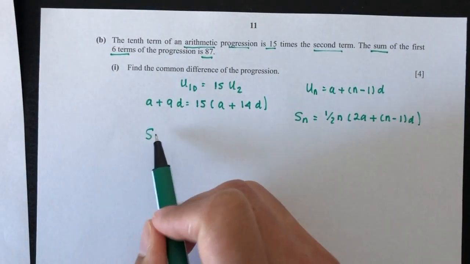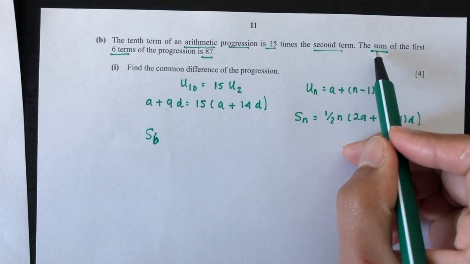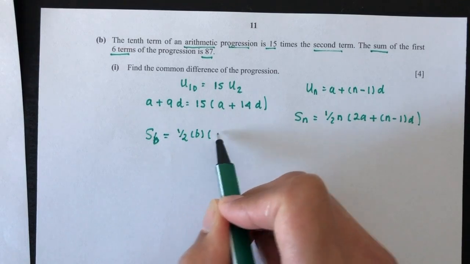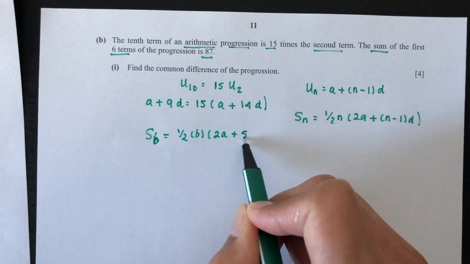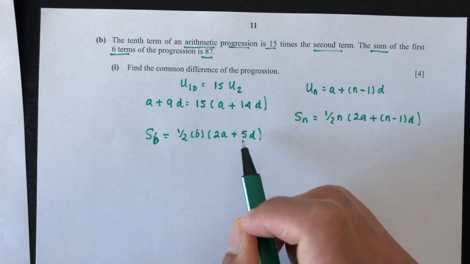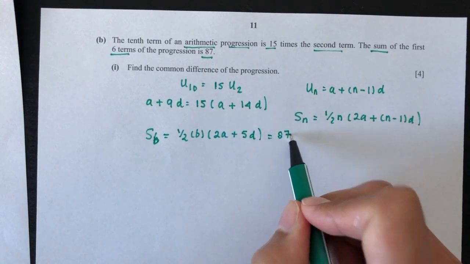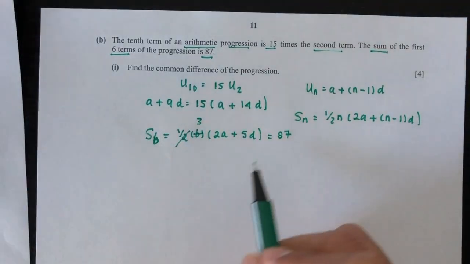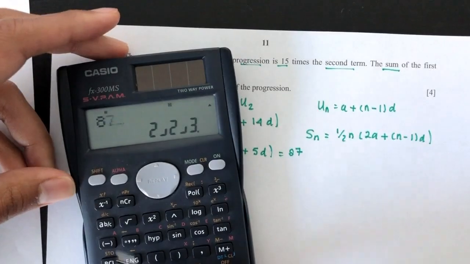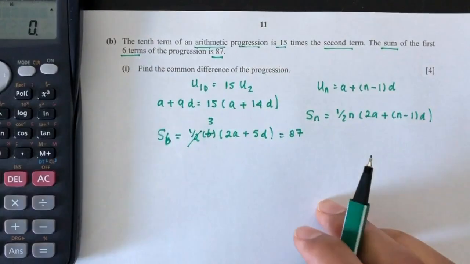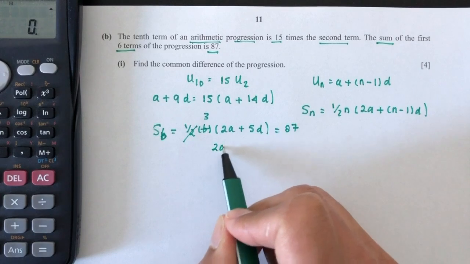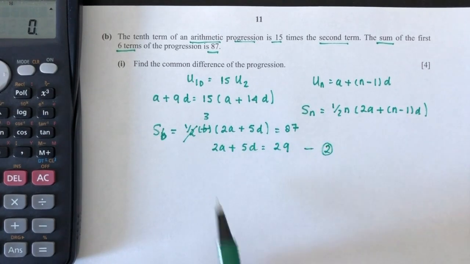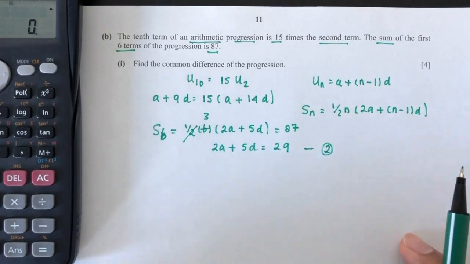So S of 6, the sum of the first 6 terms, is half times 6 times 2a plus 5d, equal to 87. If you simplify, this one goes away, you'll have 3. 87 divided by 3 is 29. So you have 2a plus 5d equal to 29. That's our second equation.